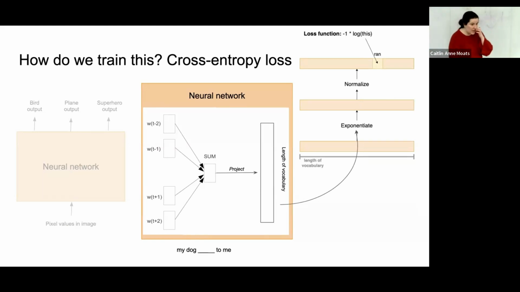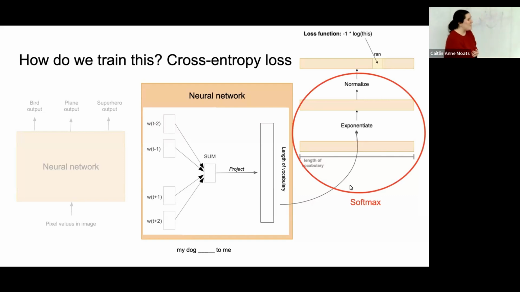And so in terms of the machinery that we're using here, we're just using the same old cross entropy loss that we talked about last time, just with a vocabulary-length output vector instead of a vector of length 3. That's it. And we might also notice that this is just the softmax that we talked about last time.